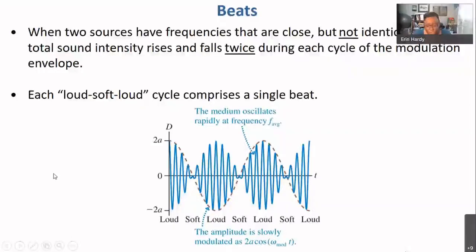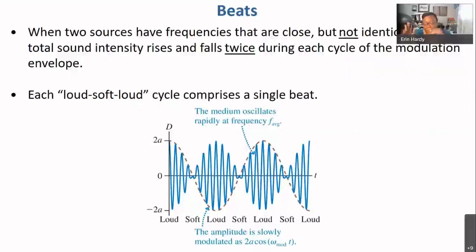So if we had 2 tuning forks that were not separated by a large number of hertz, like the 312 and a half and the 256 or the 384, if they were really similar to one another, then what you would be able to observe is an oscillation in the volume, or the amplitude, of the sound that you would pick up.